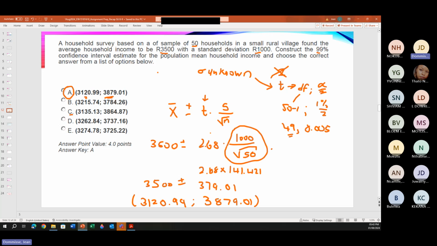You just had the t value wrong, where you replace it with a z. Okay, so that is where sometimes you will see that you might have a half or 1 out of 2.